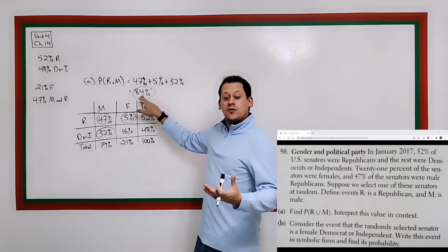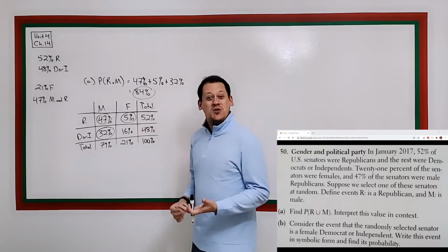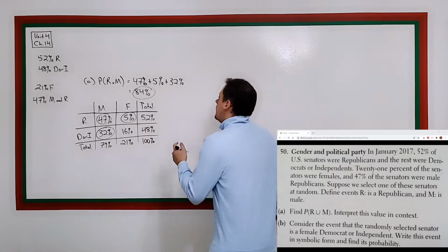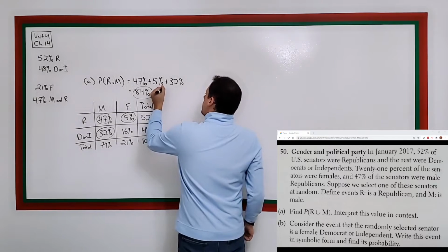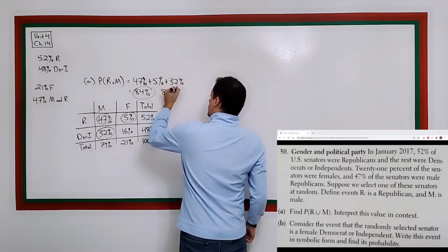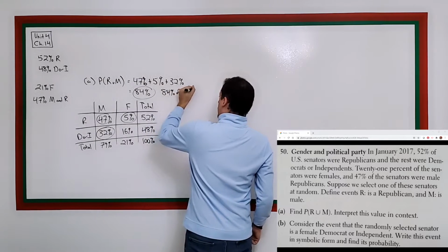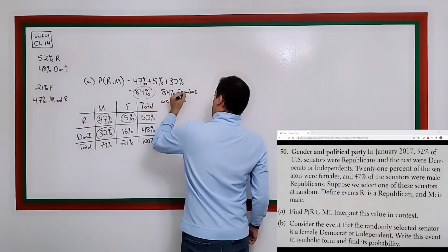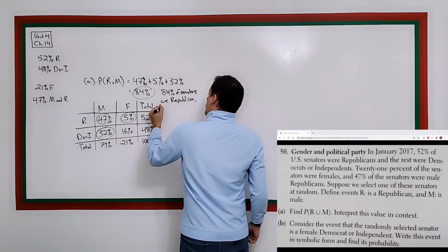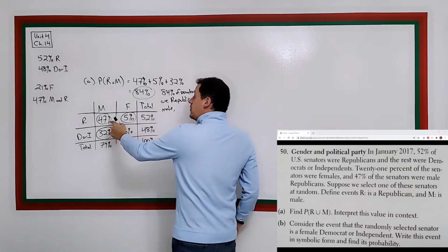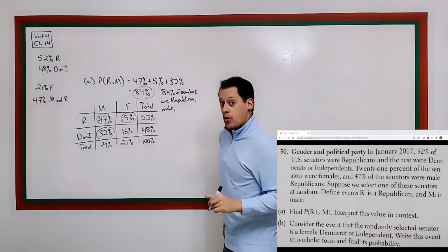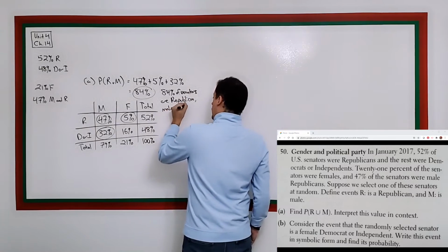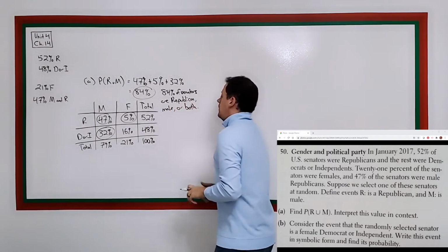If you were asked to interpret the value in context, which you happen to be asked, then you would say 84% of senators are Republican, male, and we're including the probability that they are both. Right?